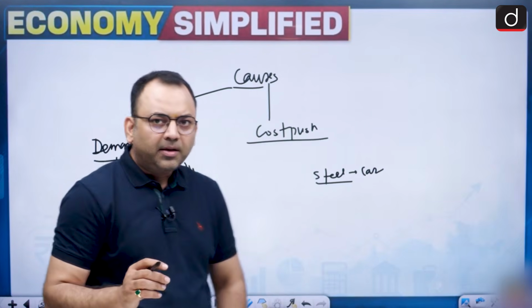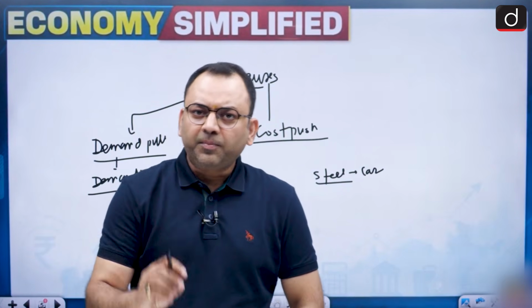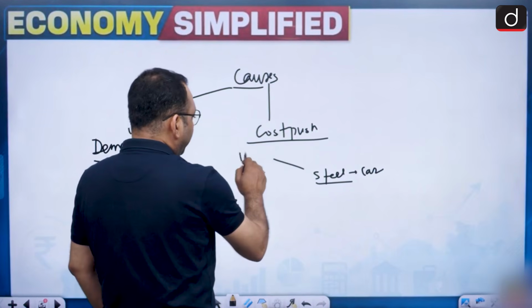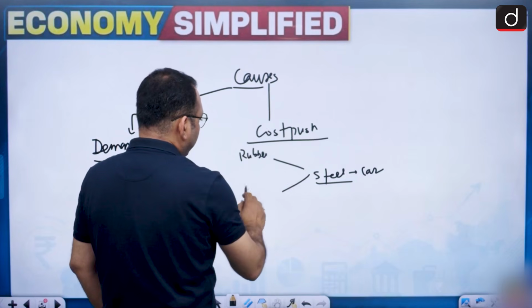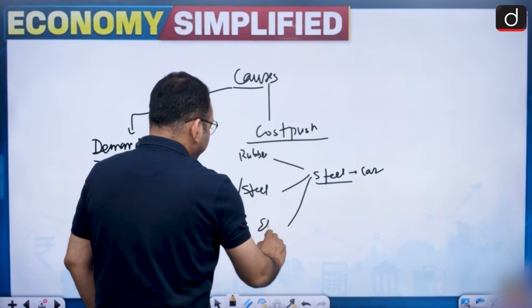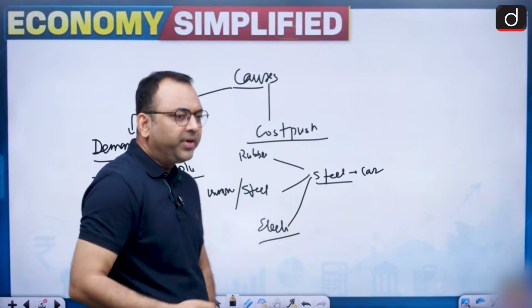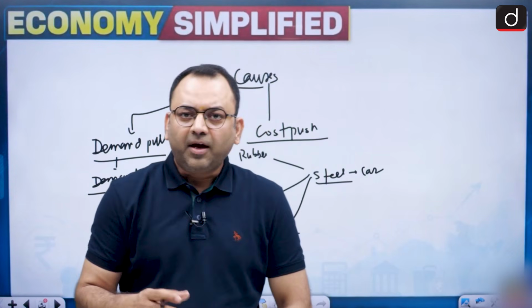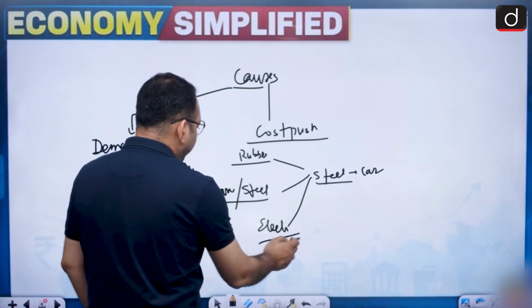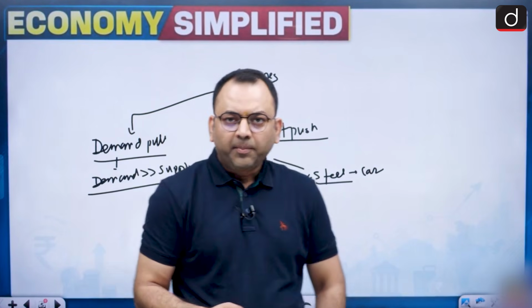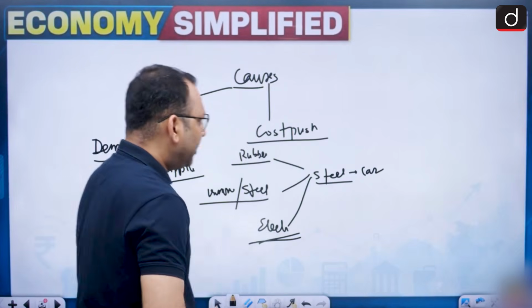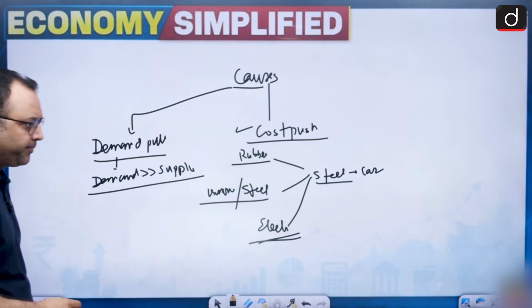The car prices have increased not because the demand is high, but because the rubber, the steel or the iron ore, the electricity and the other components that go into the car have become costlier. So if the cost of the input ingredients increases, even though the demand is not higher, the prices will increase. This is called cost push inflation.